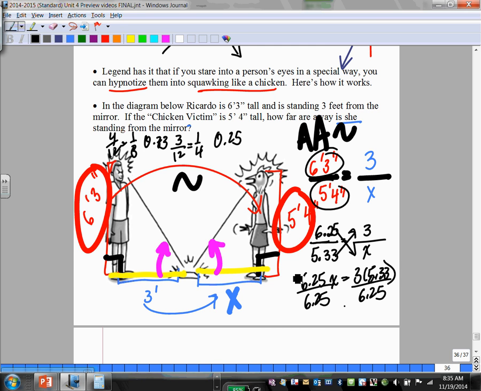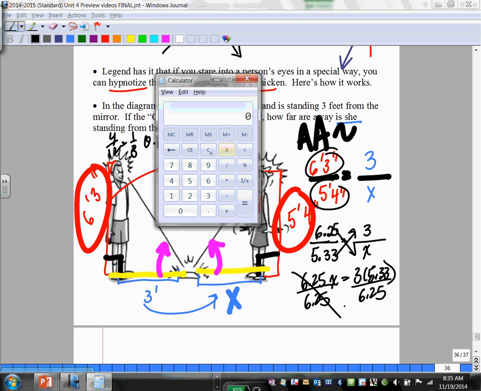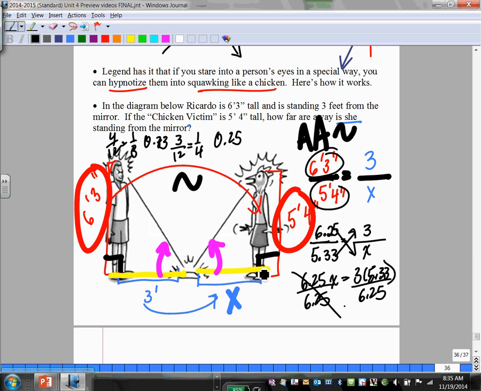At this point, I'll let you use a calculator. So we're going to go 3 times 5.33 equals, divided by 6.25 equals, and we get 2.55 feet, which is approximately 0.5 is 1/2. So this is going to be 2 feet 6 inches in distance. You have to be comfortable going back and forth between decimals and inches.